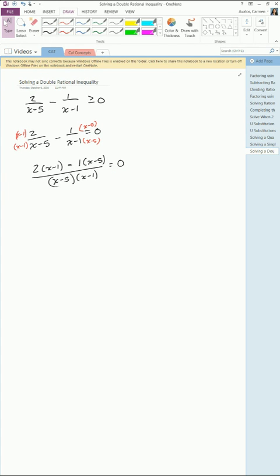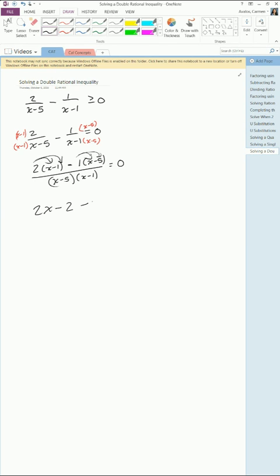Okay, so now we want to distribute the numerator. So we're going to get 2x minus 2. Don't forget to distribute. Some of you guys do forget to distribute to the last term. Minus, this is a negative 1 that gets distributed as well.